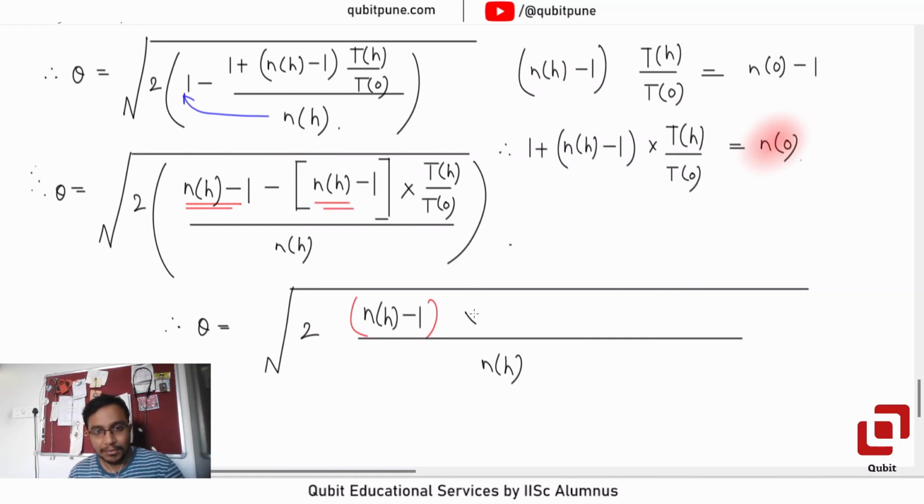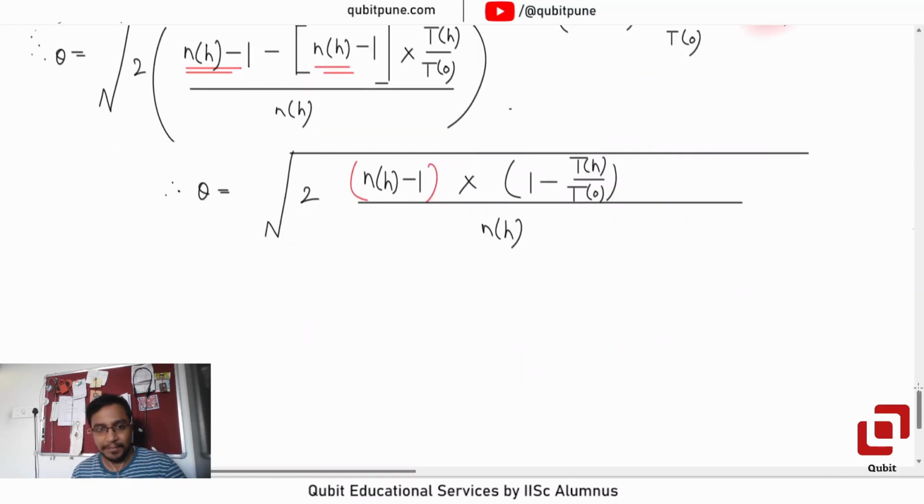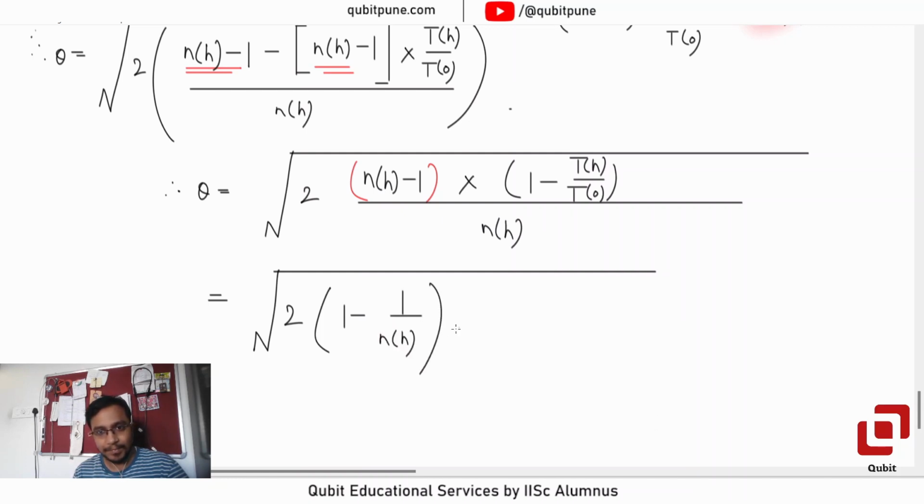In the second term we will have 1 from nh minus 1, and from the second we will have th by t0 subtracted from 1. And then if we take that nh with nh minus 1, it will be 1 minus 1 upon nh into 1 minus th by t0.